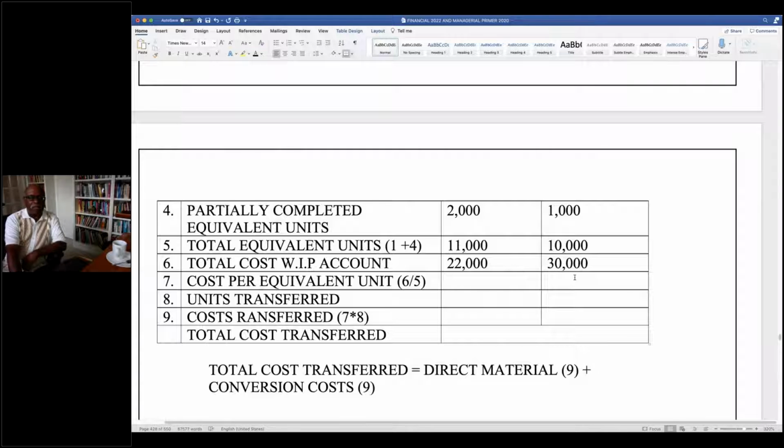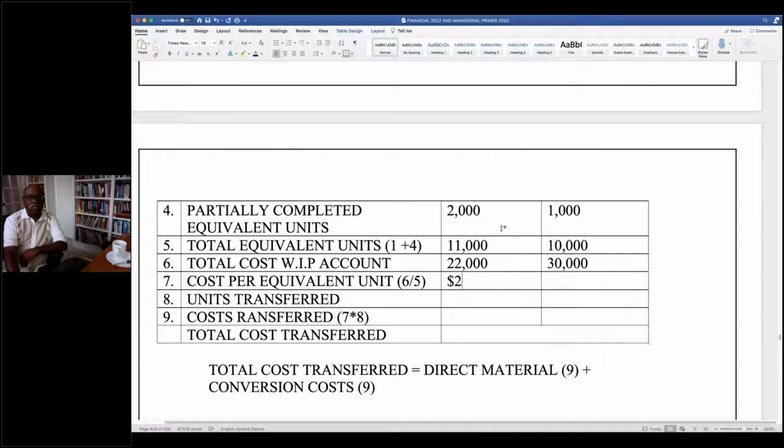Okay. So now we need the cost per equivalent unit. How do we get that? Divide line 6 by line 5. So how much you gonna have on line 7? $2. And on conversion cost, it'll be $3.